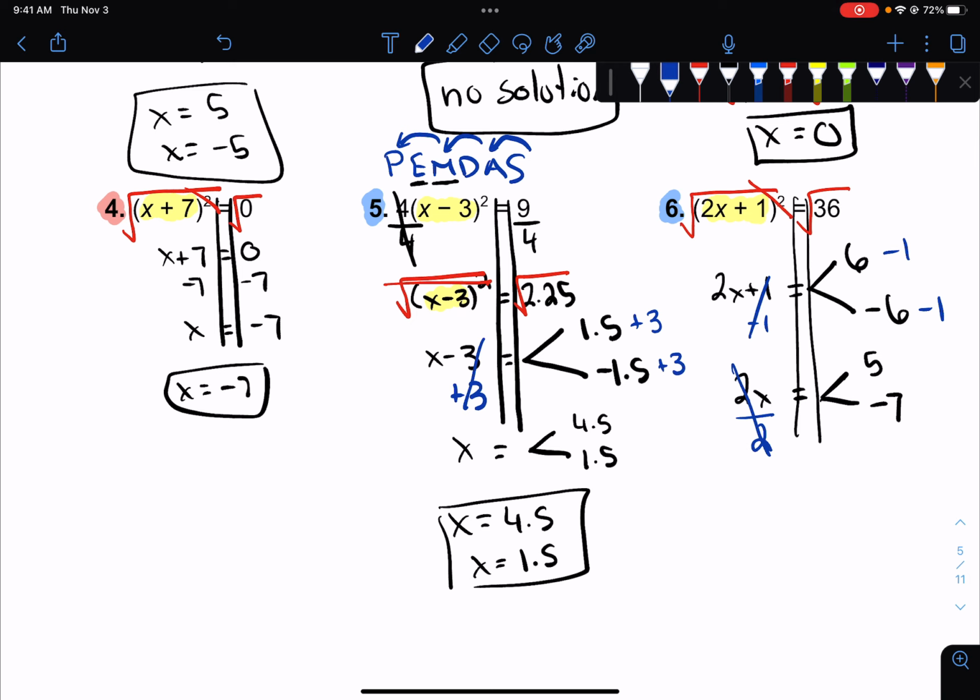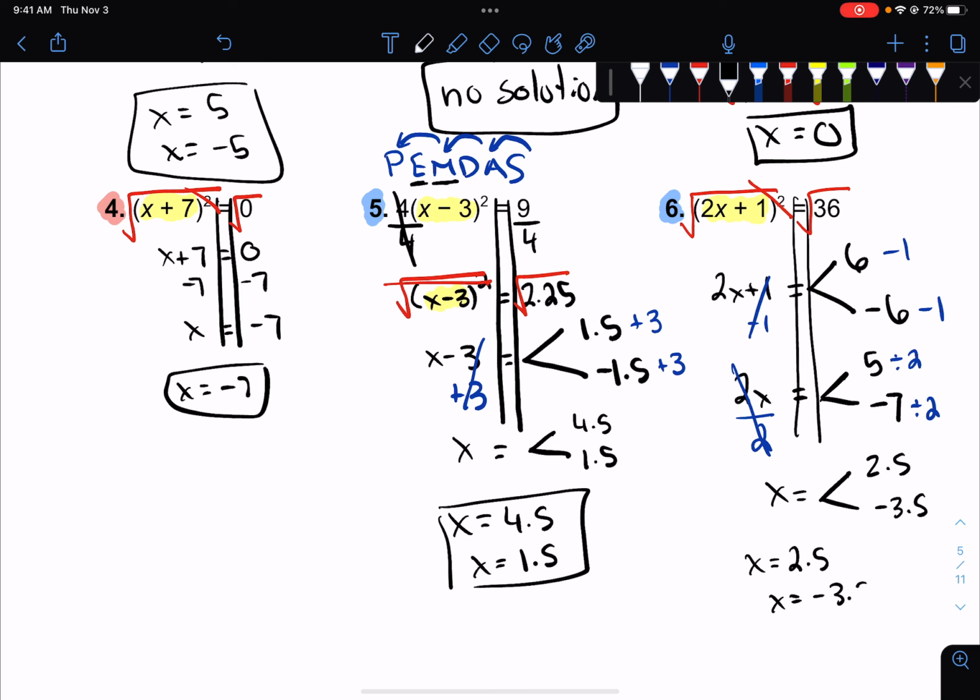On the right, I've got two different numbers that need to get divided by 2. So x is going to equal 2.5 and negative 3.5. So those would be my answers. x equals 2.5 and x equals negative 3.5. And again, that follows my pattern. I took the square root of a positive number and I ended up with two answers.